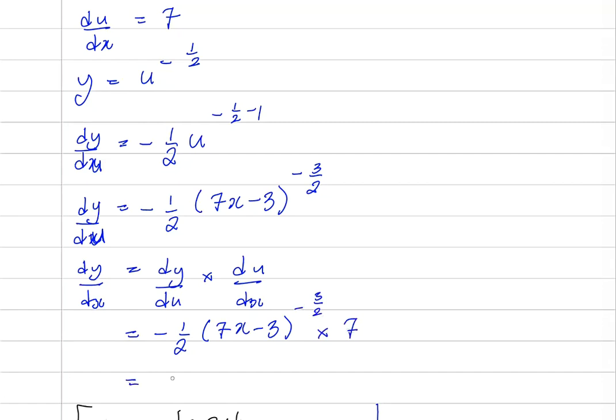So the answer here would be minus 7 at the top, and at the bottom we have 2 multiplied by 7x minus 3 to the positive 3 over 2 power. If the power is at the top and it's negative, you bring it down to the denominator and change the power from negative to positive.